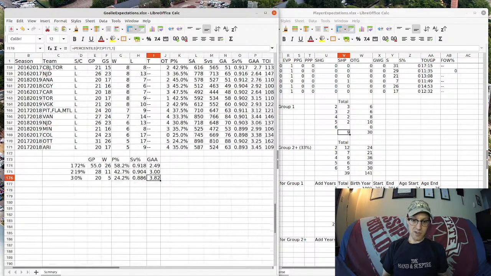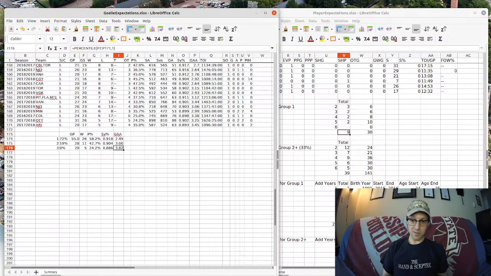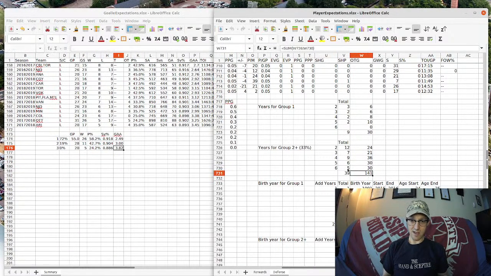And then now we just need to do what we did yesterday and the day before with players, this time with goalies. So we want, now I have to remember how I did things.